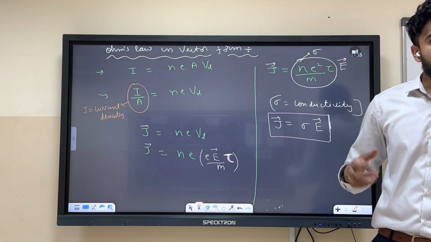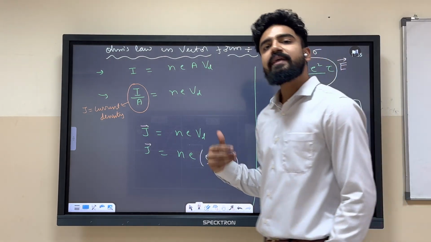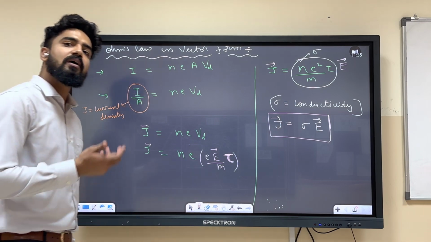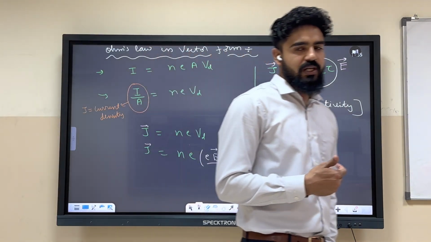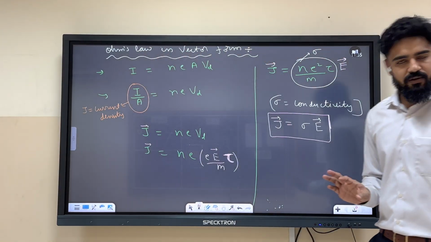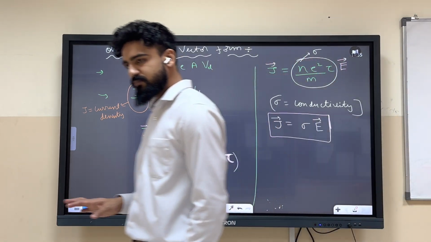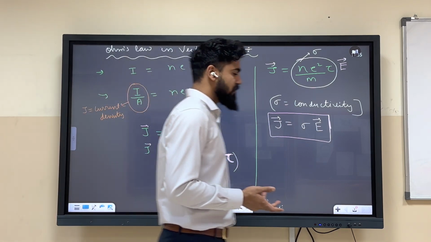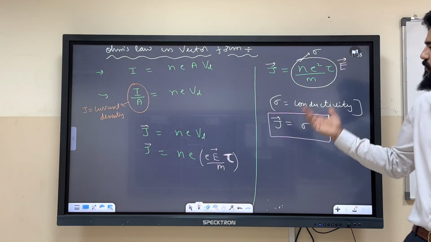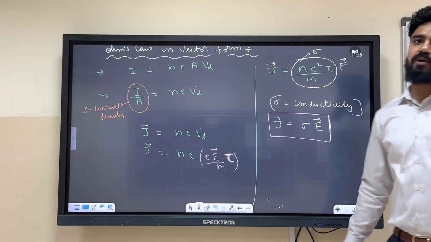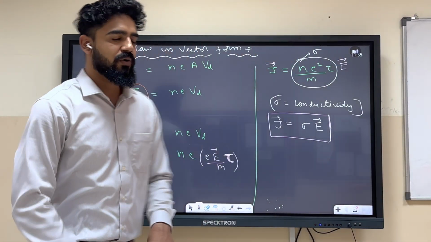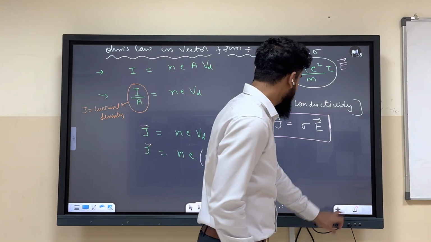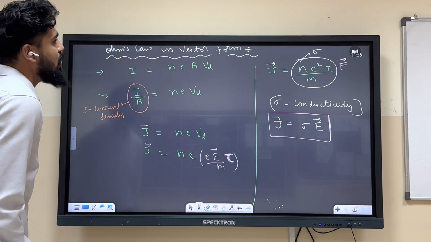Now, how to create electric field on the RHS? By writing drift velocity in terms of electric field. After writing that, your electric field is there. Now you can simply do it. Very good. So now we are done with Ohm's law in vector form.